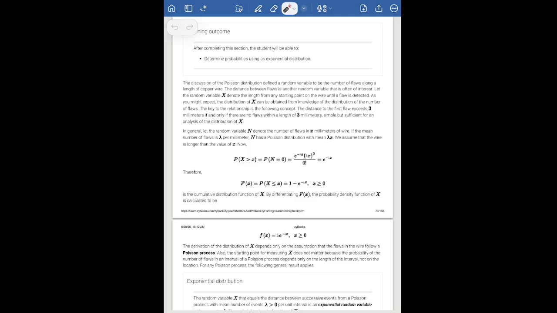That may be necessary to account for if you're building hardware and things of that nature. But the distance between the flaws, that's another random variable, and that is what we look at for the exponential distribution to come into play.